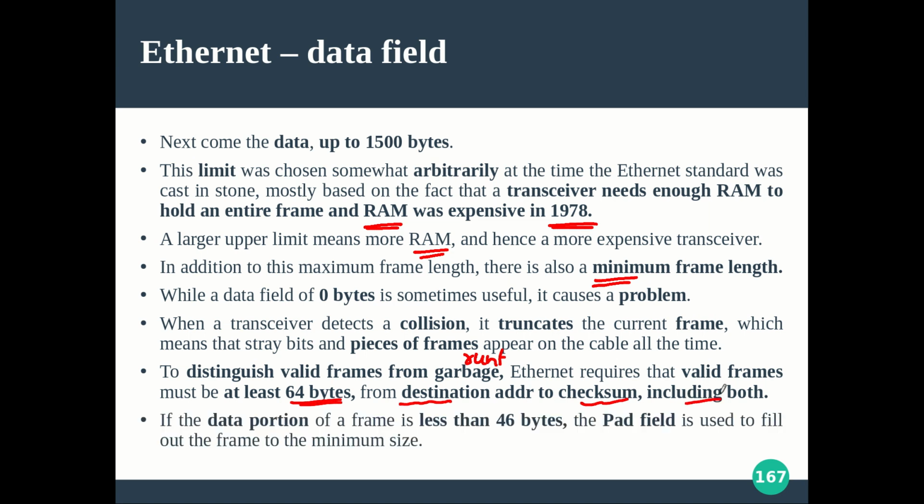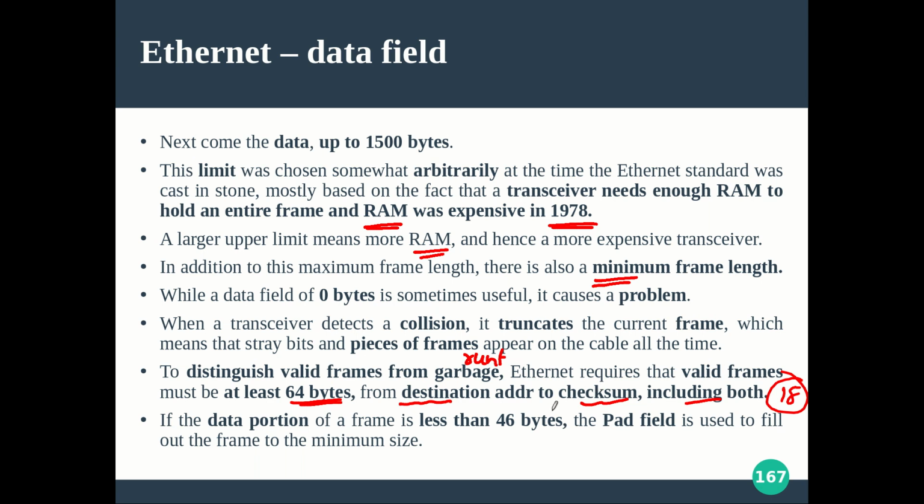So if you look at the data part alone, the destination address is 6 bytes, and the source address is 6 bytes, so totally 12 bytes. The checksum is 4 bytes, so 12 plus 4, 16 bytes. The type or length field is 2 bytes. So totally 18 bytes will be part of the header, other than the data.